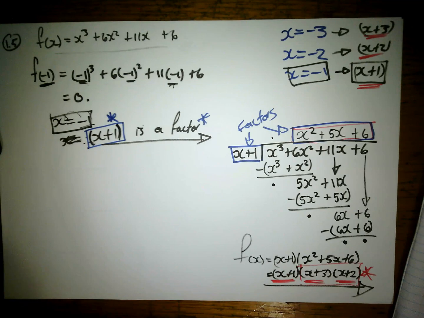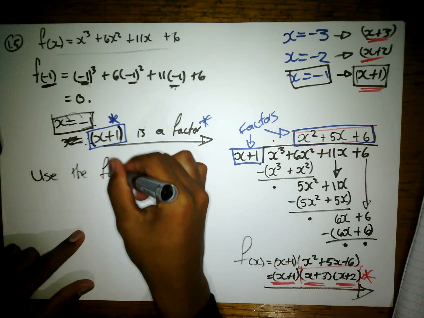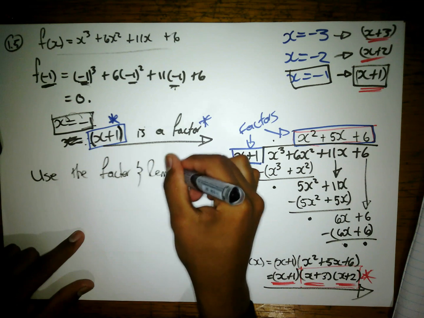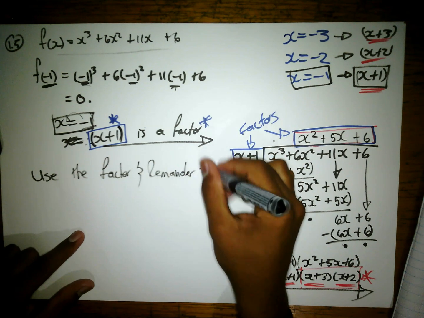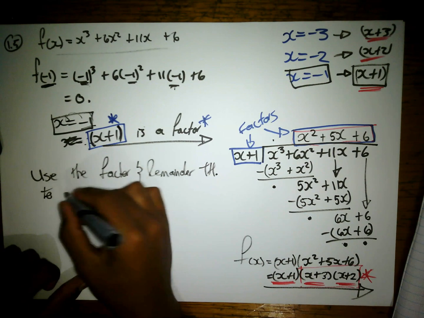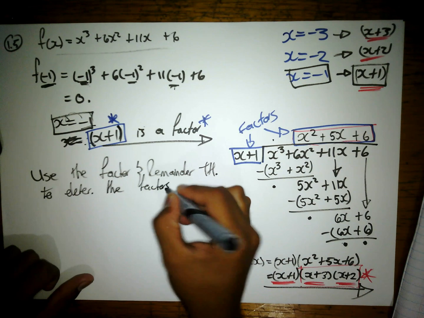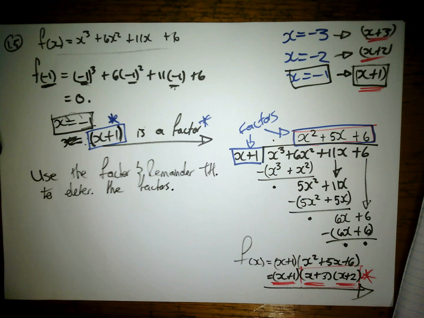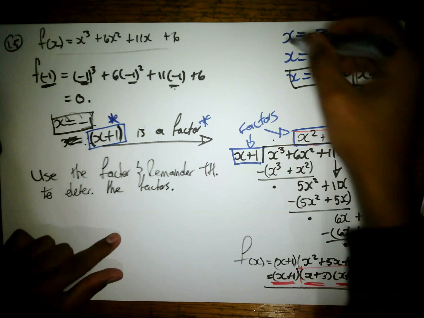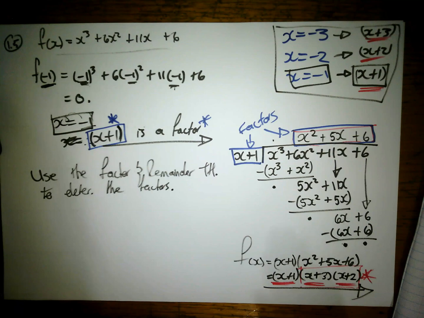If they say use the factor and remainder theorem to determine the factors of whatever, and you use something else, like the calculator hint, in a test maybe, I'm not going to say you will get a mark, but in the exam you'll get 0.